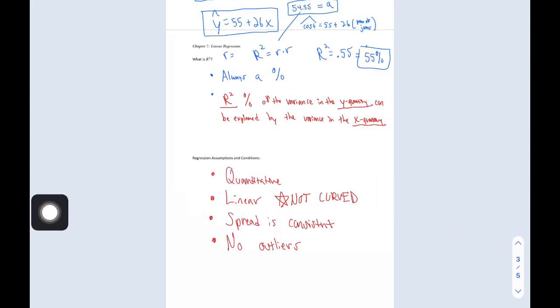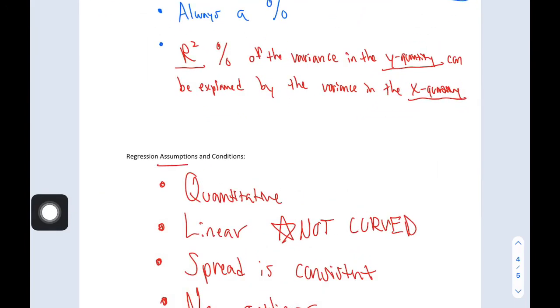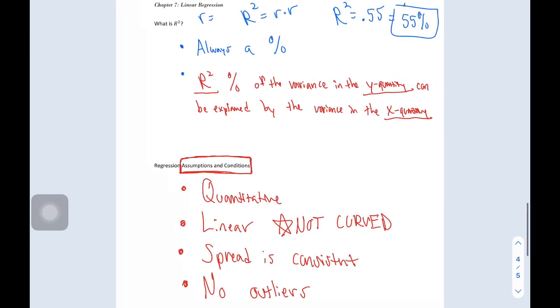Now, I'm mentioning these right now, guys, but assumptions and conditions are something that we need to, as the year goes on, really start talking about more specifically. We can't just run statistical tests and create statistical models on data just because we feel like it. We need to make sure that they meet specific criteria.